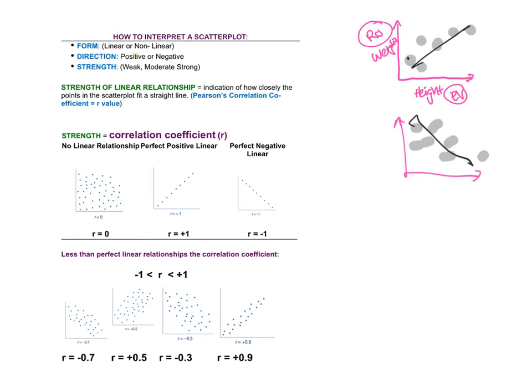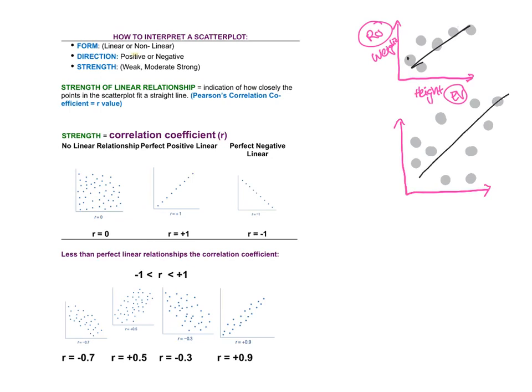The next thing we look at is the strength. The strength is how close the dots are to forming a straight line. If we have dots like that, you can see if you put your line of best fit in there, there are fairly big gaps around it.